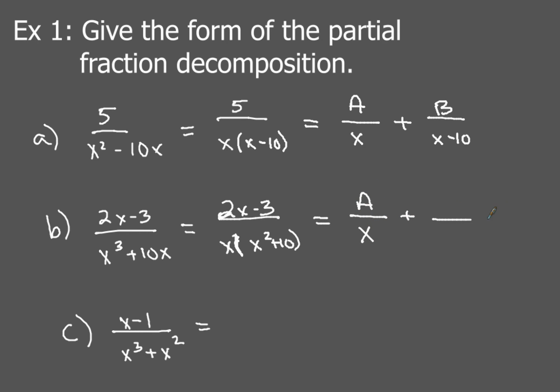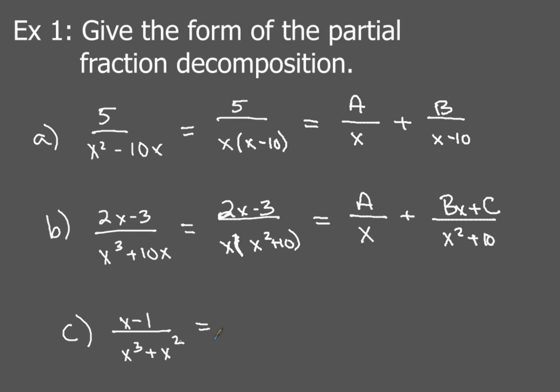Now our second term is over x squared plus 10, and the numerator is always going to be 1 degree less than the denominator. The denominator here is x squared, which is a quadratic. 1 degree less than that is x, or a linear function. And a linear function is going to take this form, Bx plus C. So that would go in the numerator for this one.